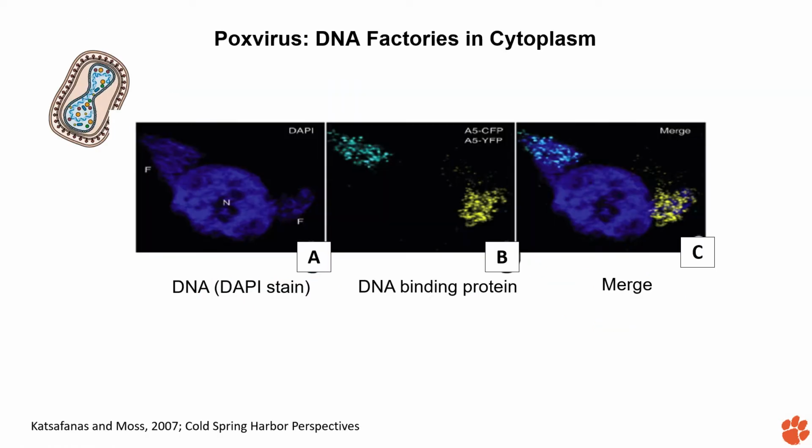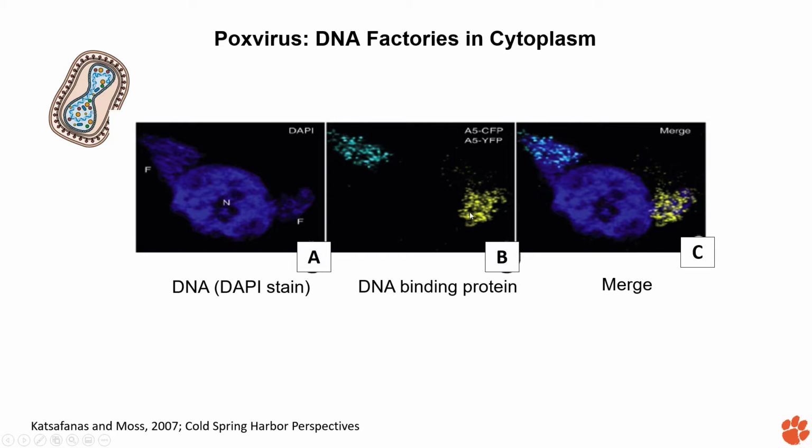And this is some experiment. So you have these cells. This is stained with DAPI. DAPI is a DNA stain. Wherever you have DNA in the cell, it is going to be stained with DAPI. And here you have a very specific DNA binding protein, a specific stain for the pox virus. And you can see that right here.